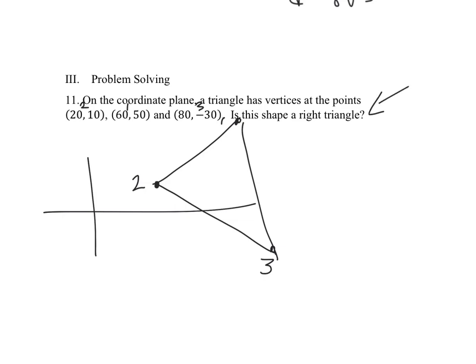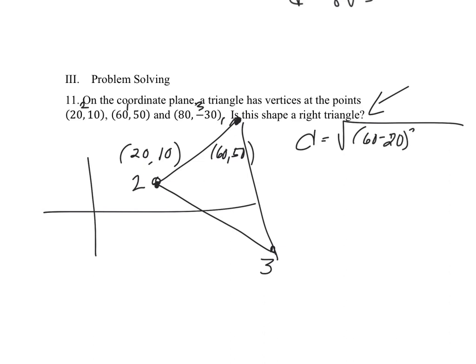So pause the video, find the distance between point 1 and 2. So point 1, you have 60, 50. Point 2, you have 20, 10. So you're going to do distance equals square root of x sub 2 minus x sub 1 squared plus y sub 2, 50, minus y sub 1, 10, squared.